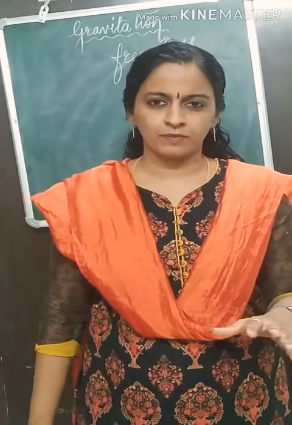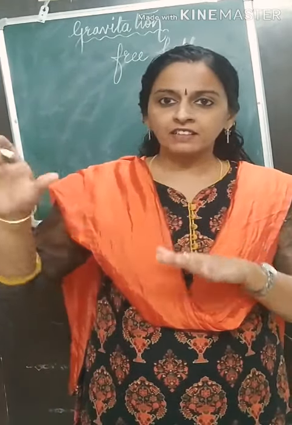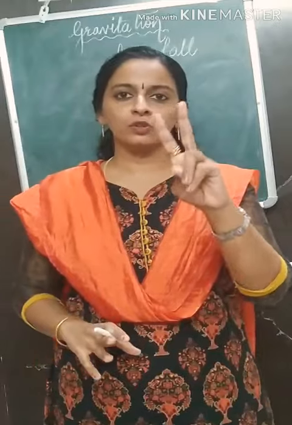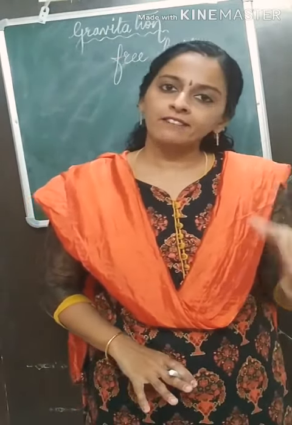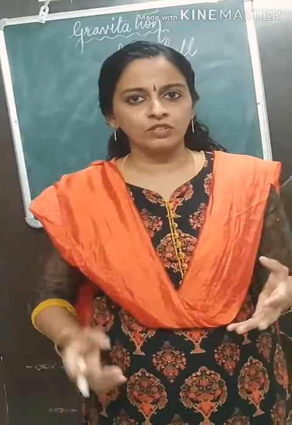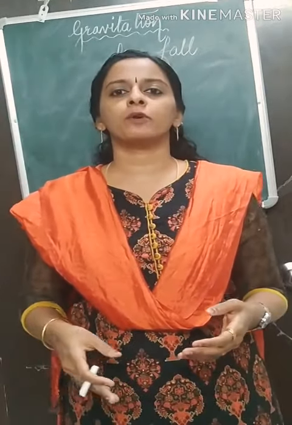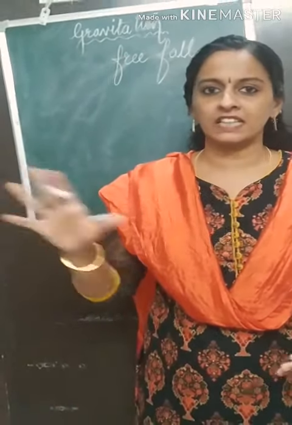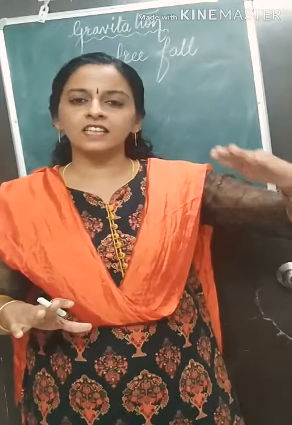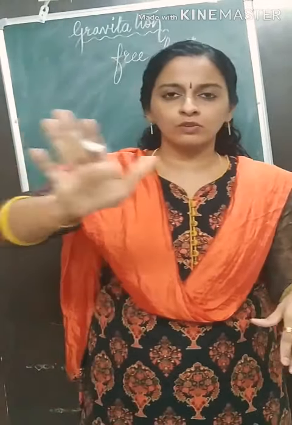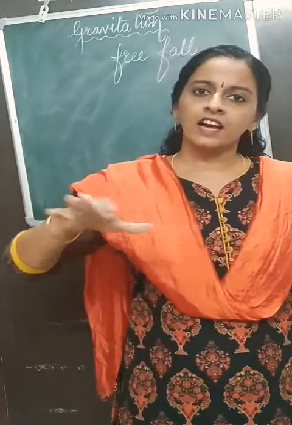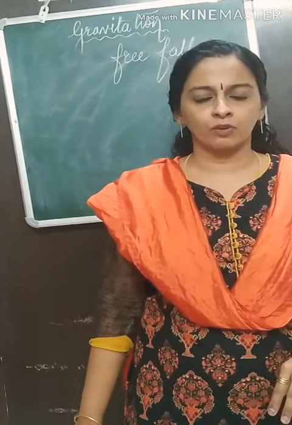A stone will reach first, because a feather will be acted upon by two extra forces, in addition to the gravitational force: the buoyant force present in the air. The air will exert an upward force onto the feather, and because of that the feather will go here and there, and then finally reach the floor.